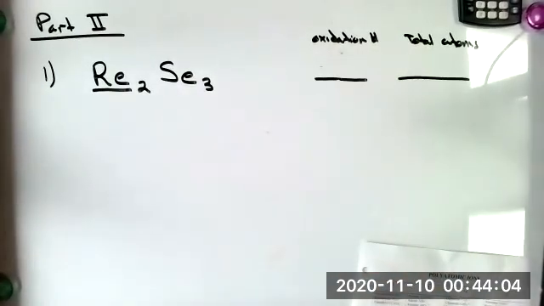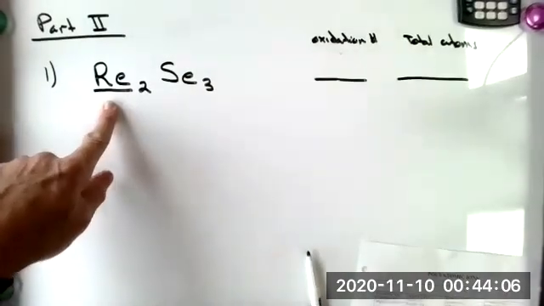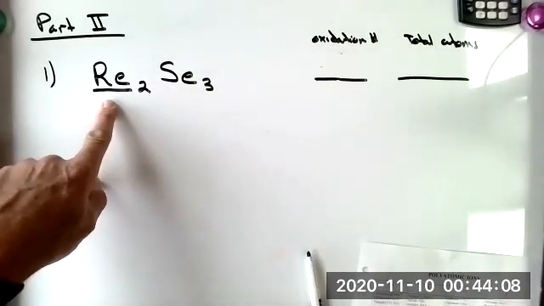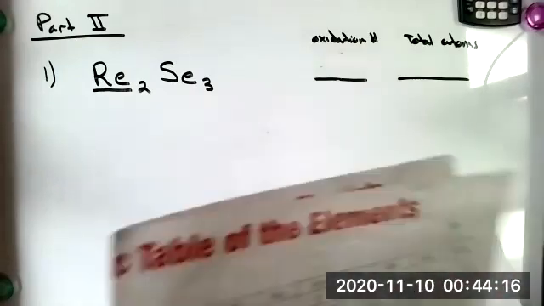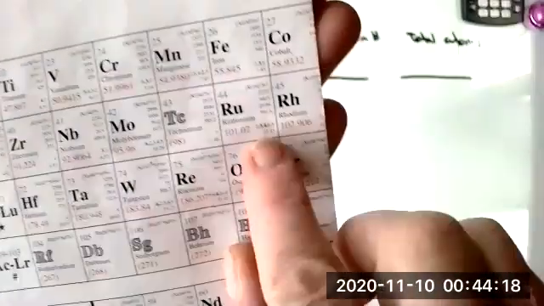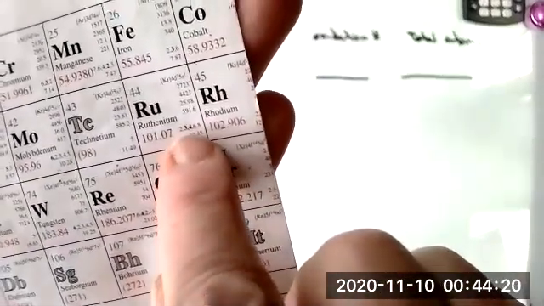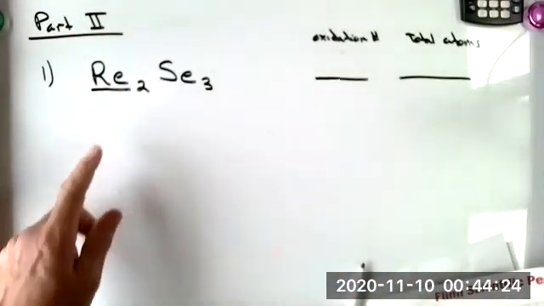All right, so what do you do? Never look up the one that is underlined. Never look them up, because some of these have multiple bold numbers, like I showed you last week. And the best example is ruthenium. He has 2 bold numbers, so it doesn't pay to look up the one that's underlined.